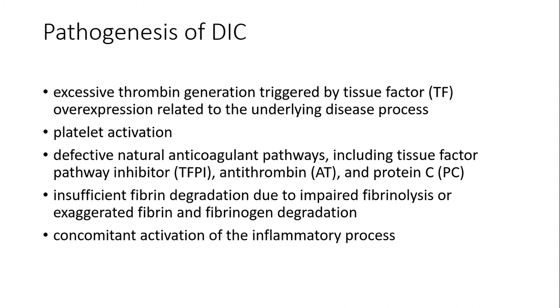During DIC, excessive thrombin generation triggered by tissue factor and platelet activation takes place. There are defective natural anticoagulant pathways, including tissue factor inhibitor, antithrombin, and protein C, insufficient fibrin degradation due to impaired fibrinolysis or exaggerated fibrin or fibrinogen degradation, and concomitant activation of the inflammatory process.